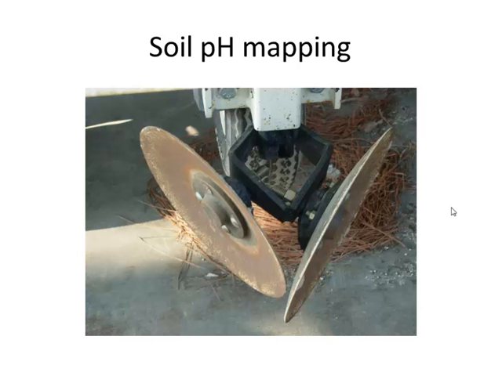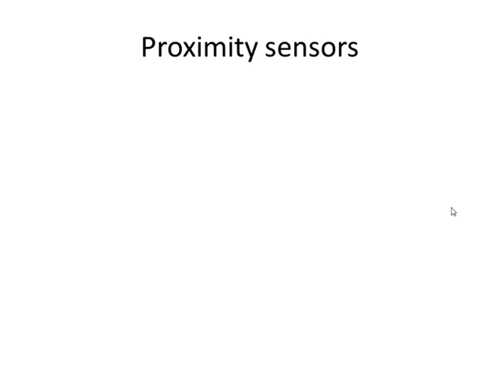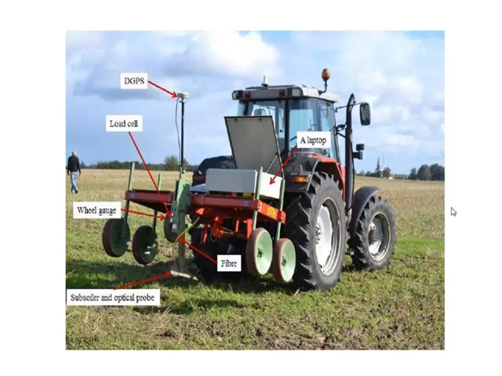Of course, there are other instruments under development. There is an instrument which measures soil pH and can also give maps of soil pH. And of course, there are other developments, a lot of proximity sensors, like this one developed at Cranfield University in Britain. There is a subsoiler which can go to different depths, and we can regulate the depth with the two wheels.